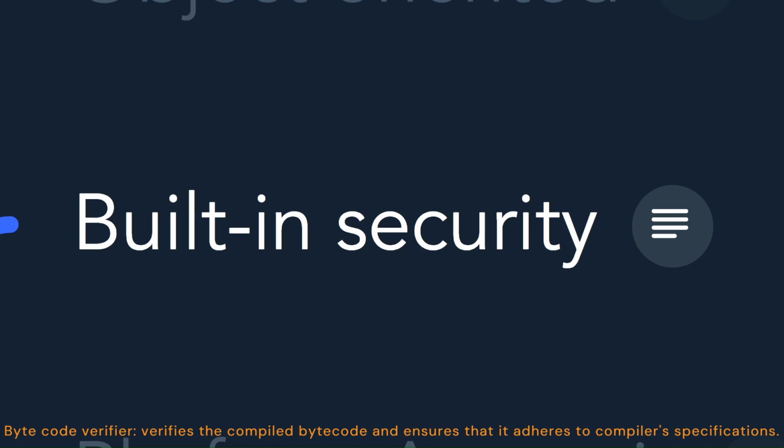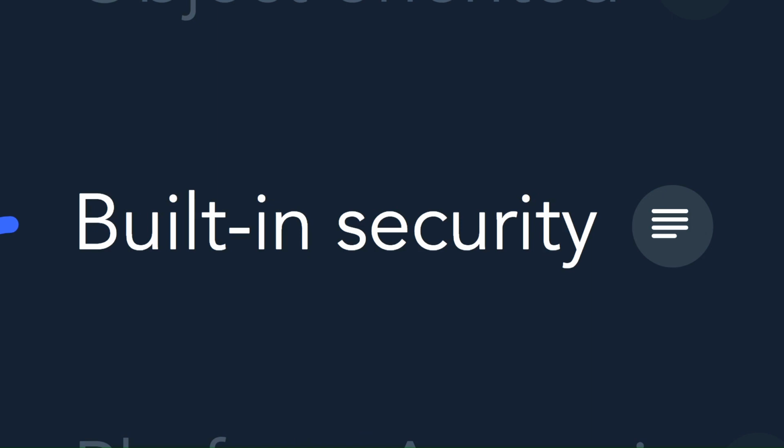The bytecode verifier ensures that the compiled version sticks to the JVM specifications. Next, we have the class loader architecture. Every class is loaded dynamically during runtime, so it can prevent unauthorized classes from being executed. Also, the JRE defines security policies and restricts activities on file access, network communication, etc.